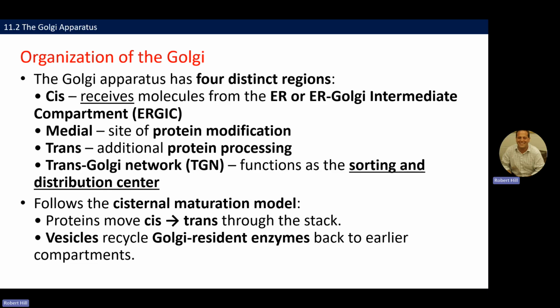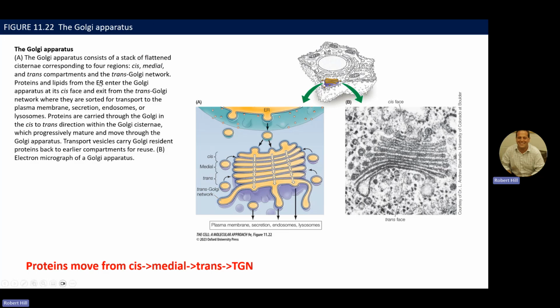So the proteins are always moving cis to trans, and often vesicles will recycle back into the Golgi, right? So those enzymes can stay associated with the Golgi apparatus, right?